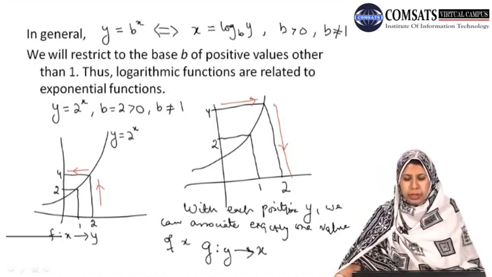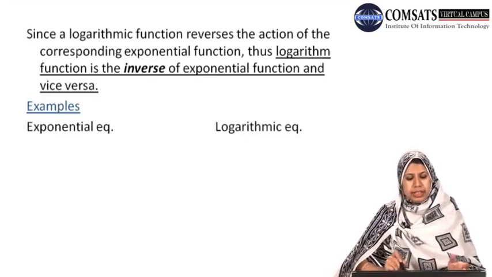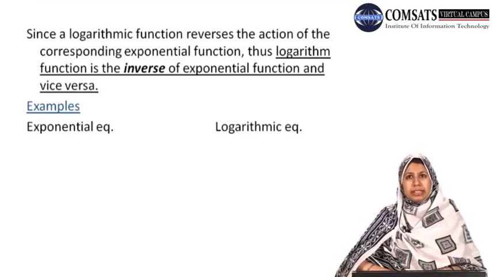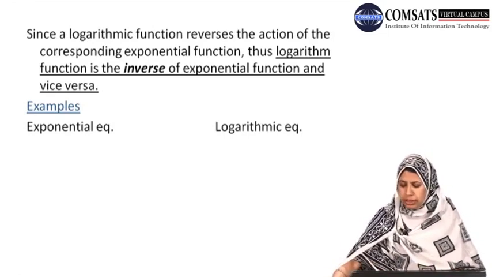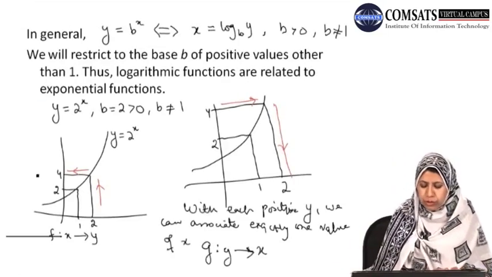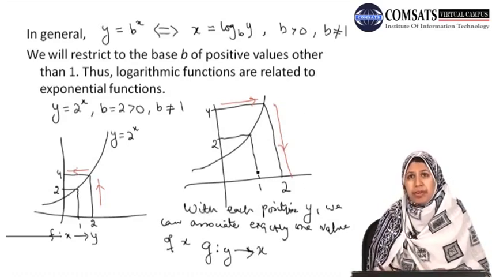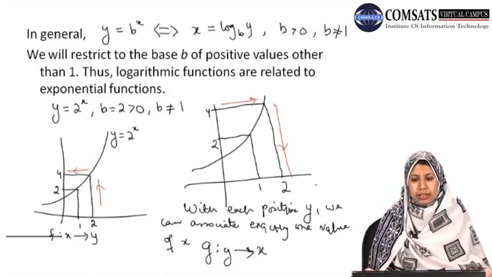So what do we mean by this? Bringing that output back to 2, we say that the log function is basically the reverse action of the corresponding exponential function. That is, our exponential function is shifting 2 to 4 and the log function is shifting 4 back to the same value 2 from where we started.